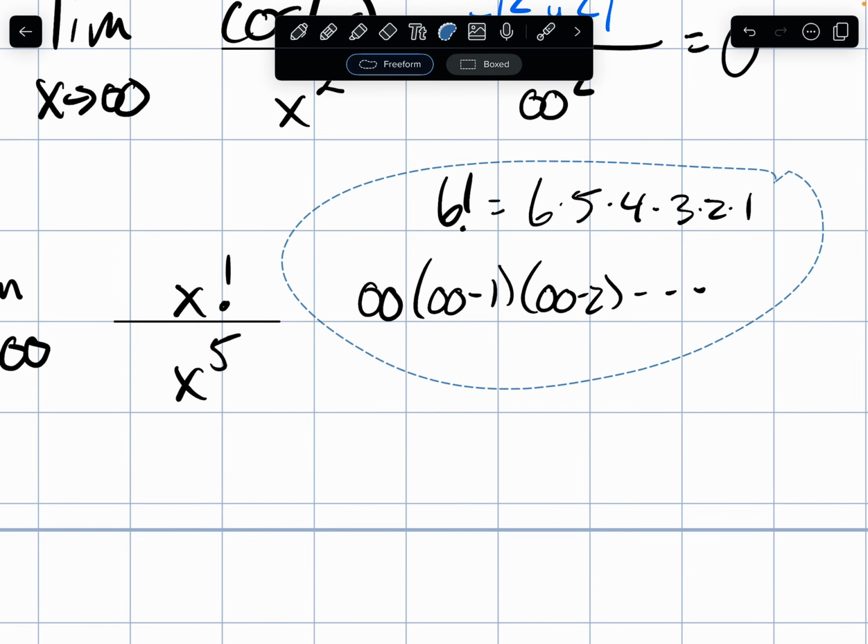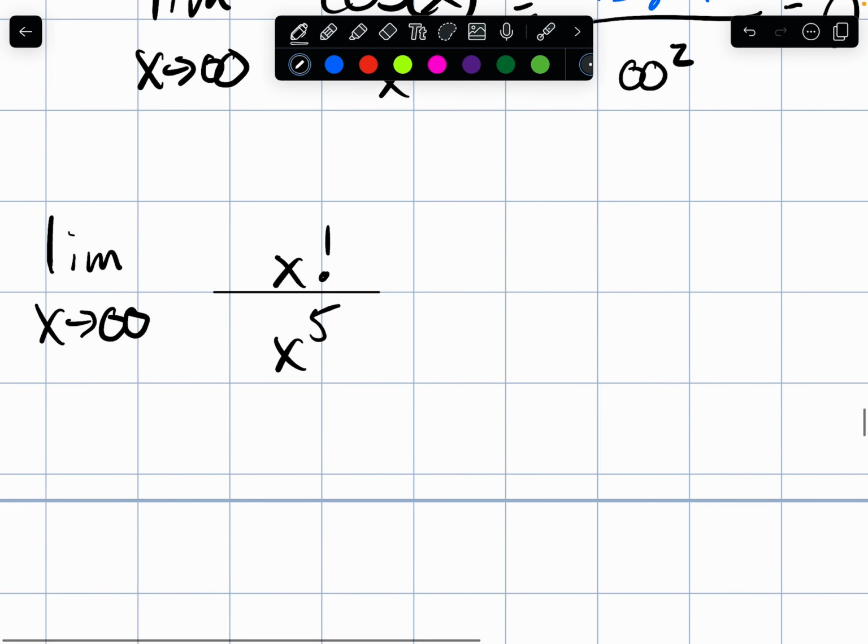So we could guess, using our greater reasoning, which one's going to be bigger, infinity factorial or infinity to the 5th power. And you would be right in saying that the top is going to be bigger. And if the top is bigger, and it's such an infinitesimally larger number, this is just going to equal infinity.